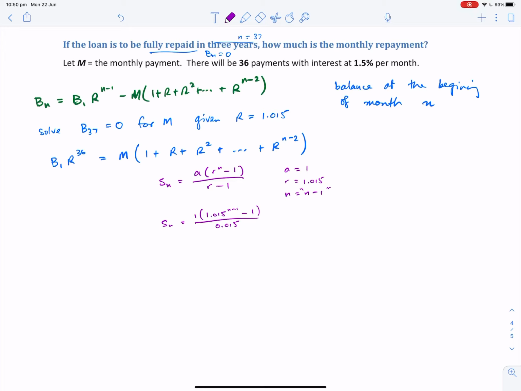Okay, so I can't replace the series with a number because we've still got an N in it. Oh no, silly me, sorry. N was 37, so this is, okay, so I can replace this. Just got to work it out.